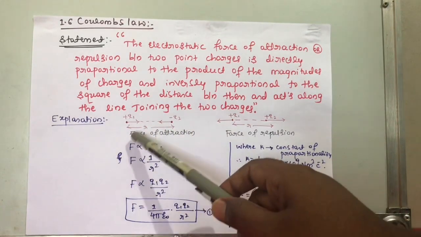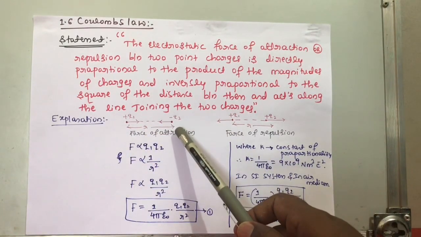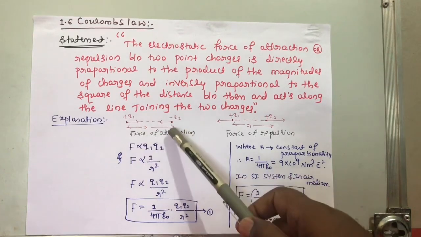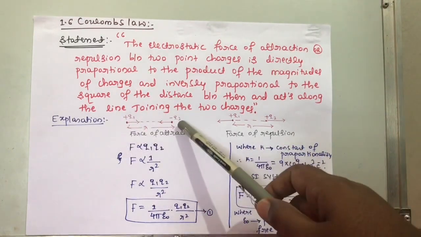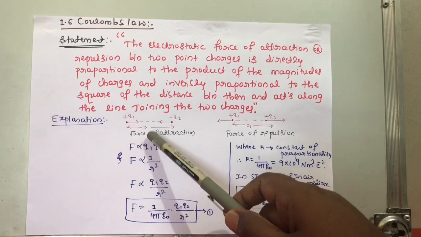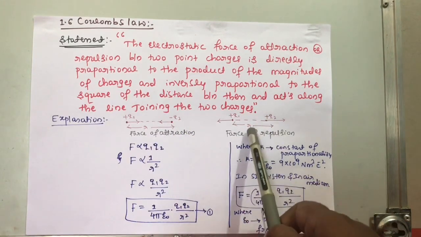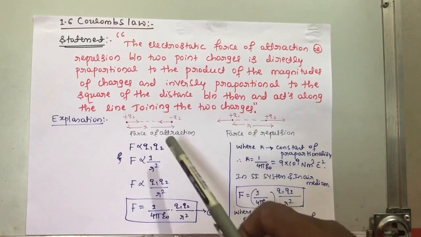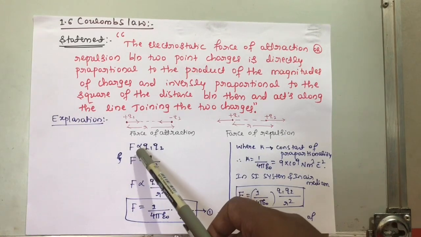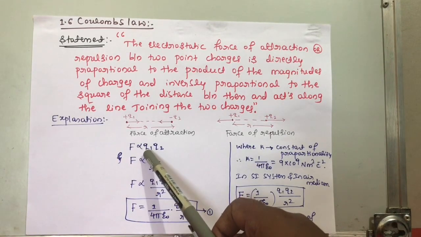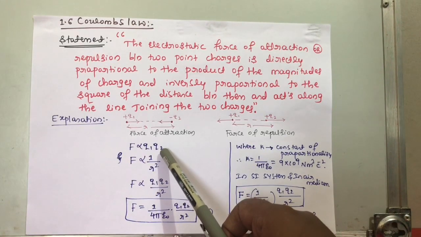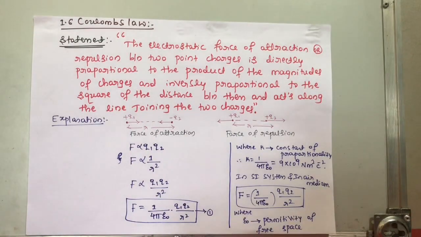Consider Q1 and Q2 as the two point charges, separated by a small distance r. The force is directly proportional to the product of the magnitudes of the charges, Q1 and Q2, and inversely proportional to the square of the distance between them.